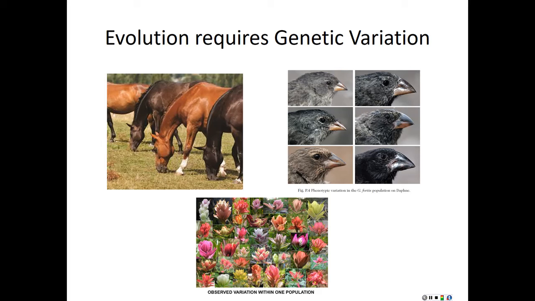Okay, so evolution requires genetic variation. So you've got to have genetic variation. So we can observe some genetic variation here. This is just differences among individuals in a population in the composition of their genes.